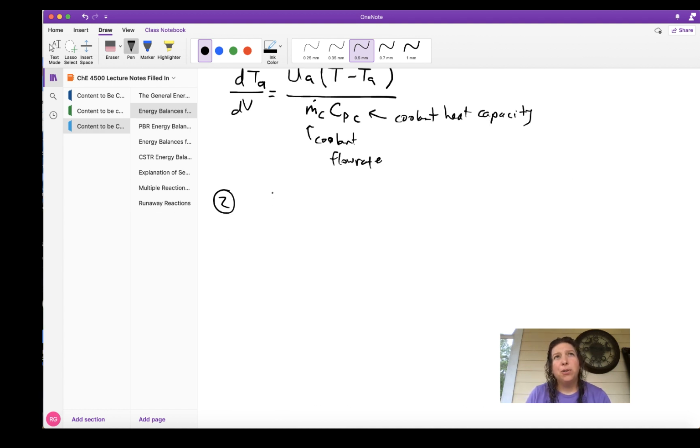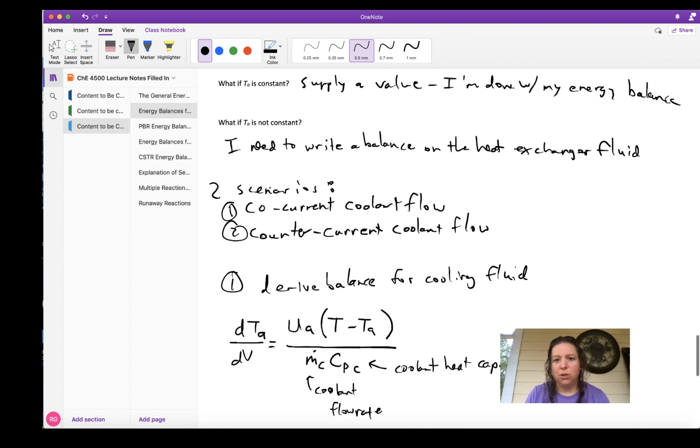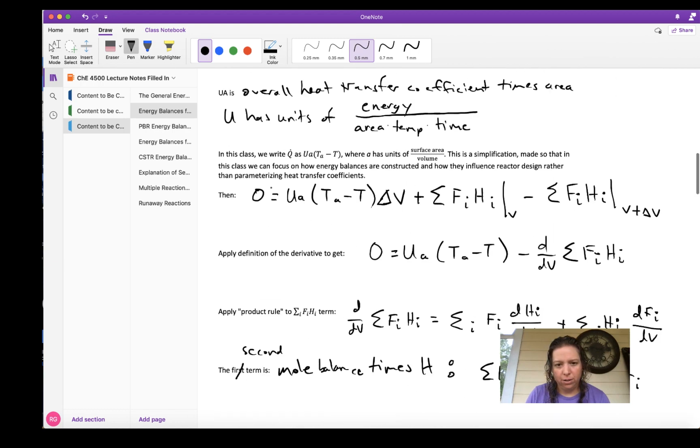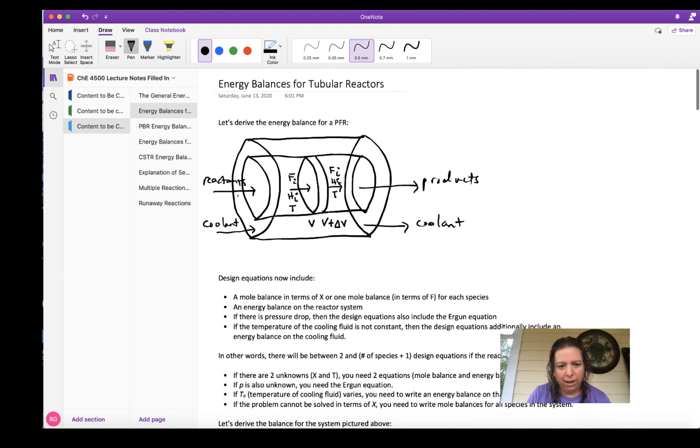In our countercurrent case, the physics are essentially the same. If we go back and look at our system, now we have reactor flow going this way, and we have coolant flow going this way. The balance on the temperature of the cooling fluid is essentially the same as in the co-current case, except that the limits of integration are switched.